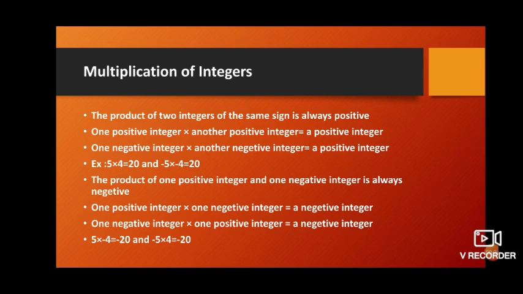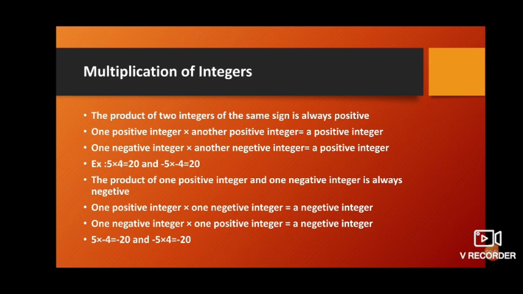Here, if we take multiplication of integers, the multiplication part is the same as with whole numbers, like 3 into 2 is 6. But here the main role is played by the sign. We have to decide the sign of the result. How will we decide that sign?